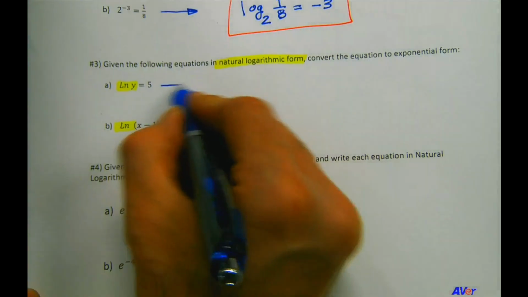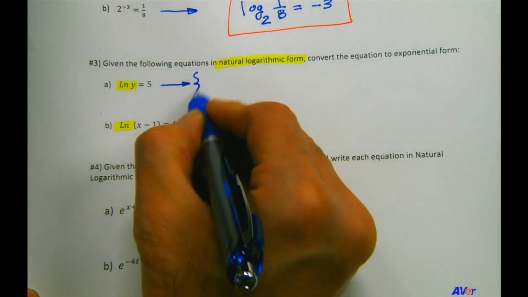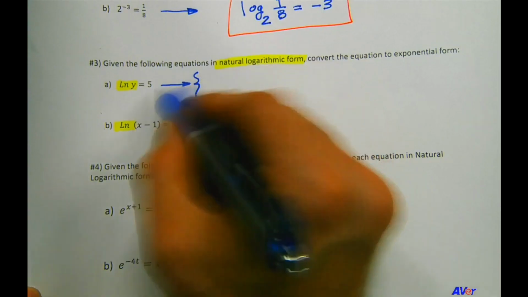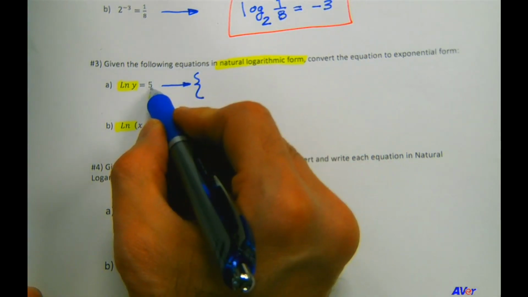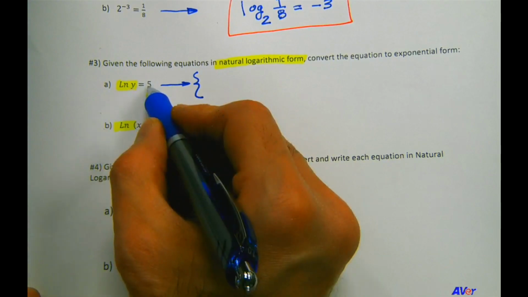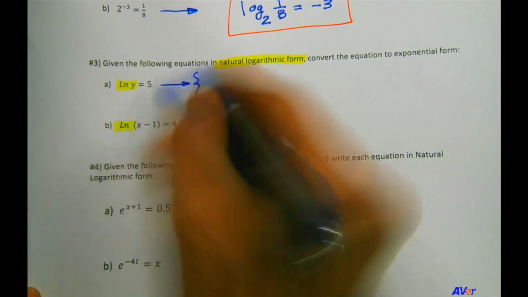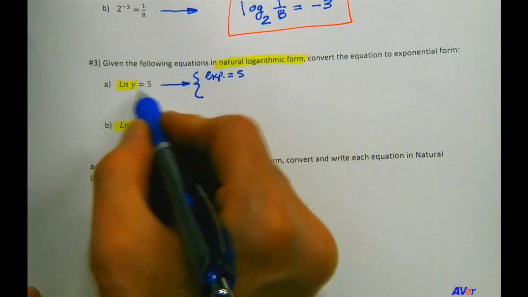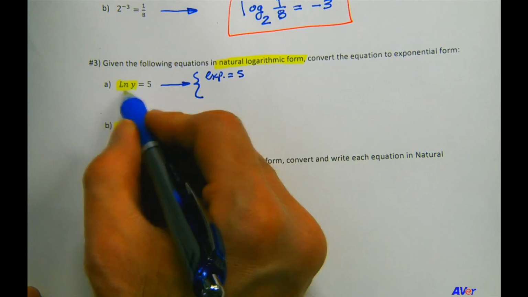All right, so once again, I hope you've already done this on your own paper. So here we know the 5 is what? Natural log or log functions generate an exponent, so that's an exponent. Okay, what is the base then? Well, this is a natural log, so the base must be e.